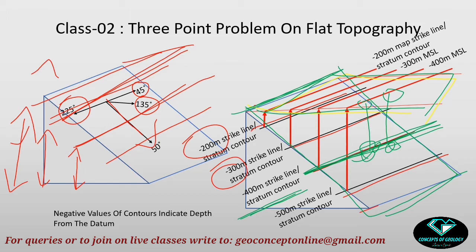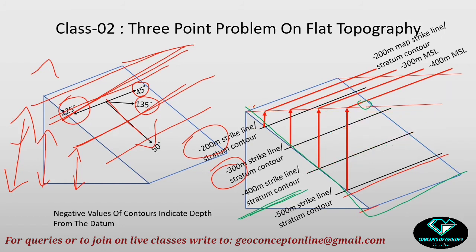So this is the minus 400 meter strike line or minus 400 meter stratum contour also. Now I will project it onto the horizontal plane. Okay, we are going to make a map. Projection means we are projecting it onto the horizontal plane, means we are making a map.